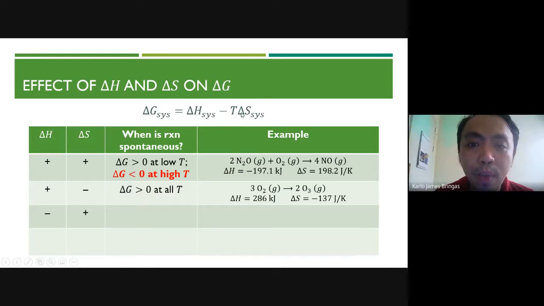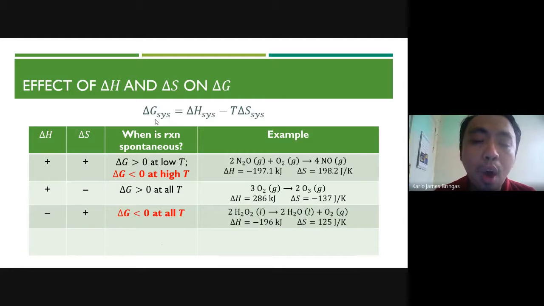So negative term in here and a negative term na delta H gives you a negative delta G no matter what. So that then allows us to conclude that the delta G is less than 0 at all temperatures. So no matter how cool or how hot our reaction conditions are, this reaction here is always going to happen without us having to give an additional energy to it.